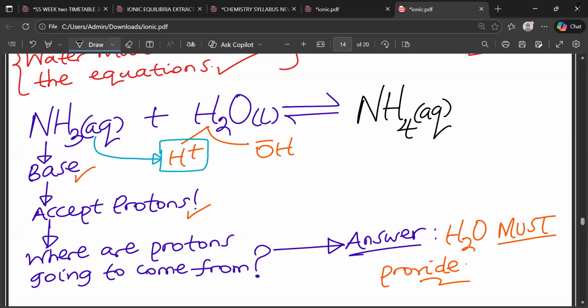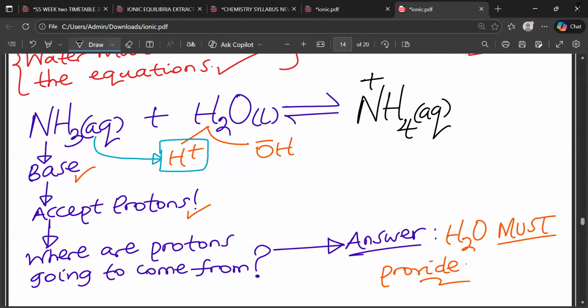Because it has been NH3, but it is accepting H. So that H comes, it becomes NH4, but the H comes with a plus, and that plus sits on top of nitrogen. You get that? That is what they call learning it in a friendly way.